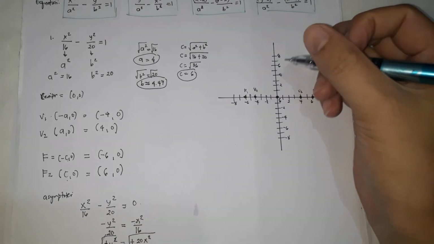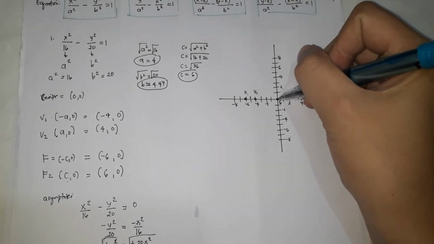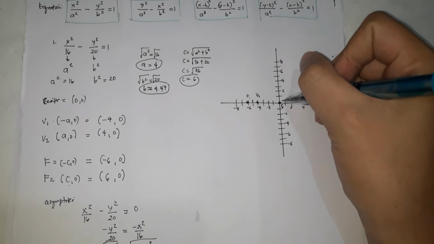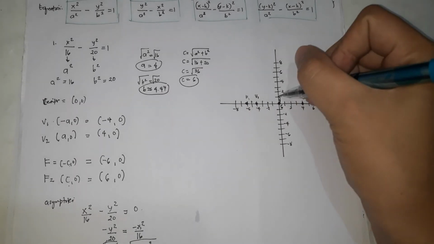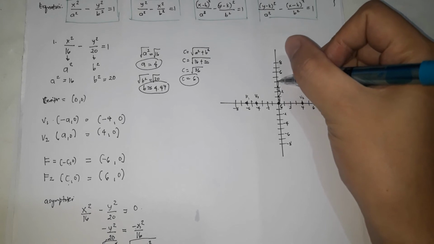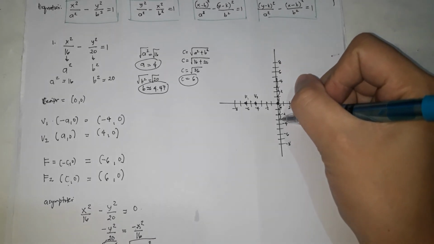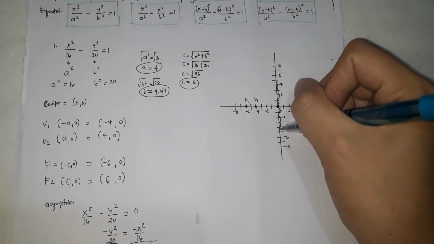Approximately b is 4.47. So, galing kay center, you go up and you go down 4.47 units. So, 1, 2, 3, 4.47. This is 4.47. We're just going to estimate.